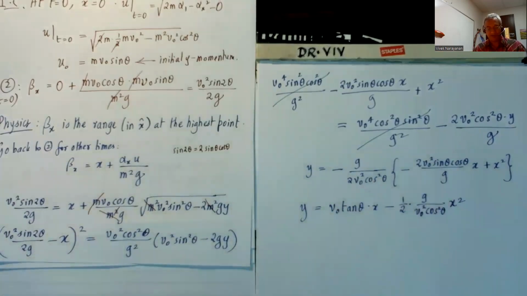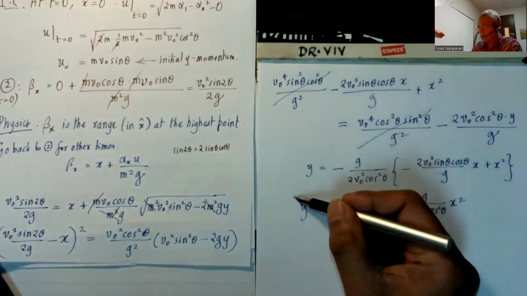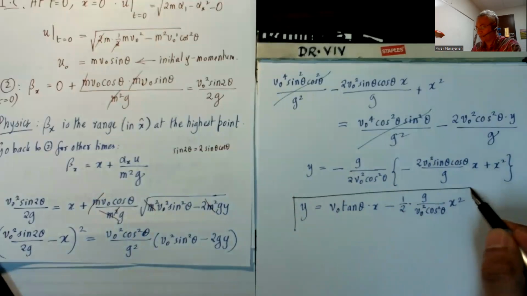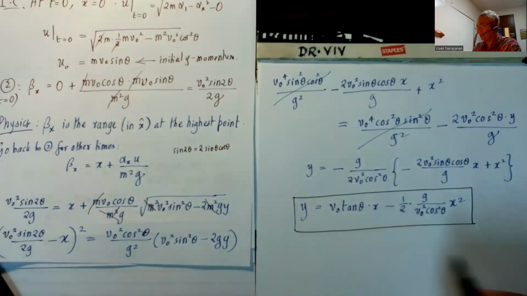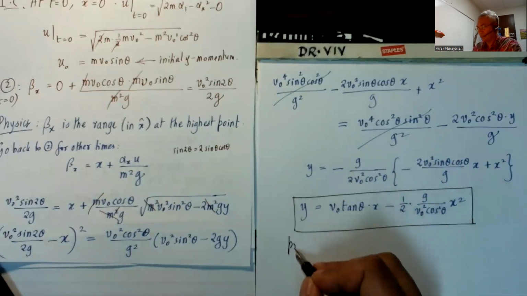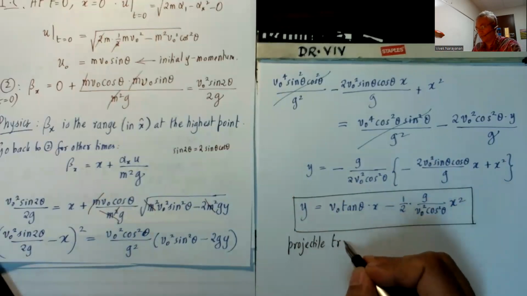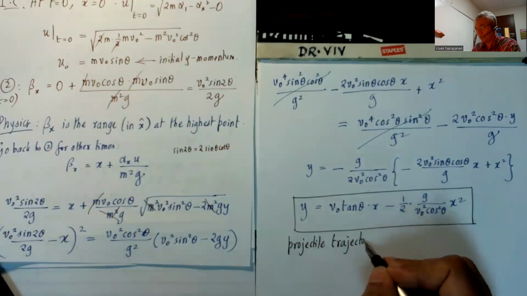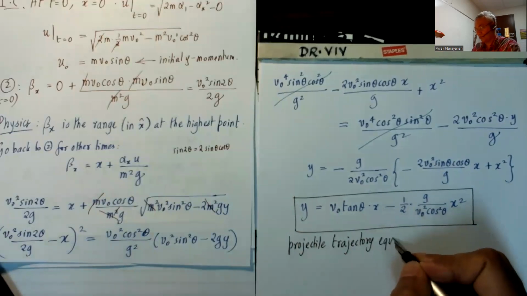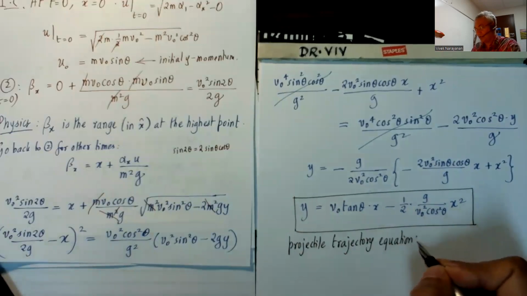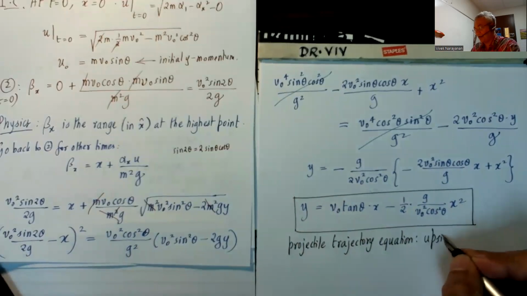This equation, this very famous equation, it's known as the equation of the trajectory of the projectile. In other words, it describes the classic upside down parabola.